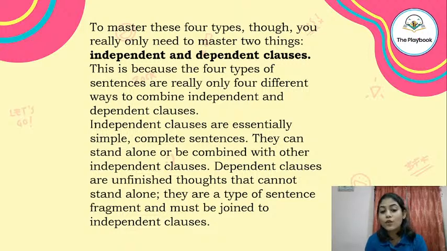They stand alone, and they can be combined with other independent clauses and still make complete sense. Dependent clauses, whereas, are unfinished thoughts that cannot stand alone. They are a type of sentence fragment and must be joined with independent clauses. As the name itself suggests, it's dependent on an independent clause to form a meaningful sentence.